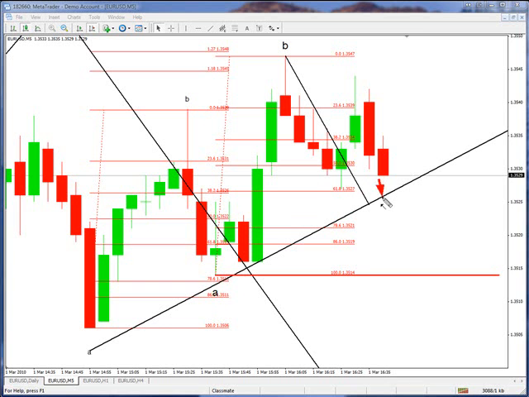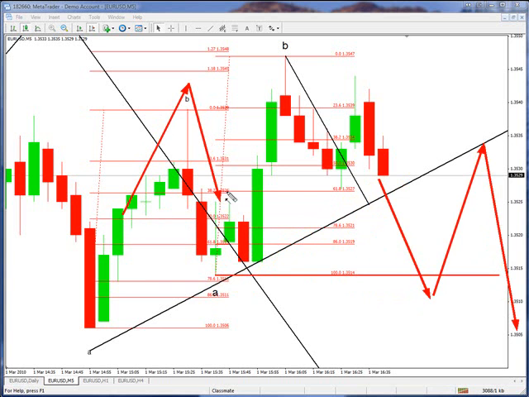If we come through here, take out the trend line, take out this A low, what we should see, or potentially we could see, is a retrace to the back of this trend line, and then we may see a bear crown. This would be your left tip, this would be your center tip, and this of course is your right tip. So keep watching for what's going to happen.